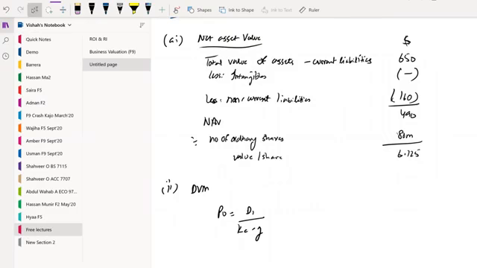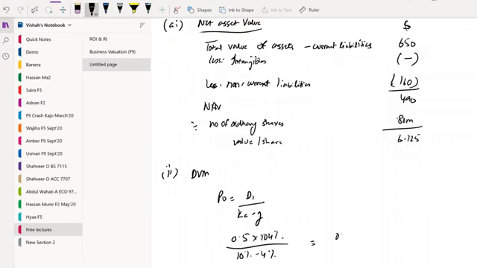Yeah, the growth rate is given to us as 4%. So all we need to do is multiply it by the dividend, and even the cost of equity was given. So our P naught would be $8.67.